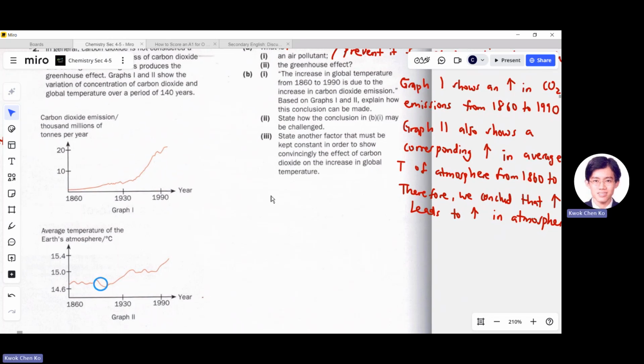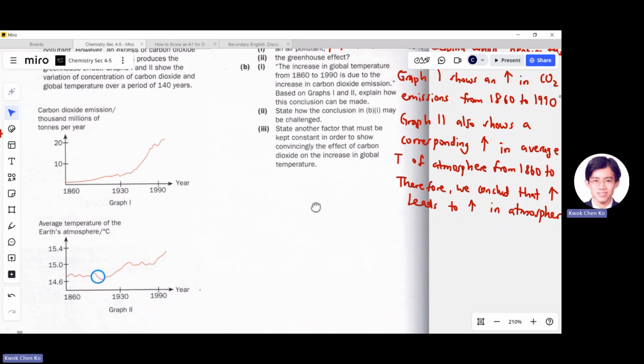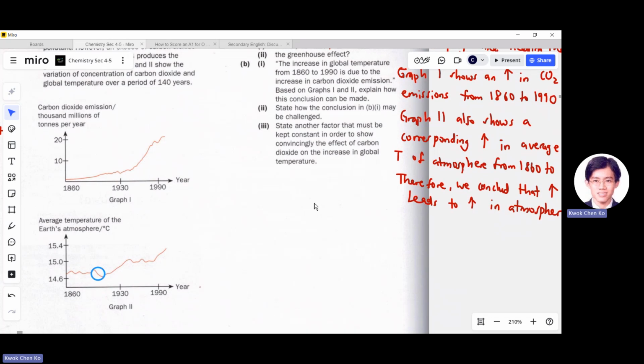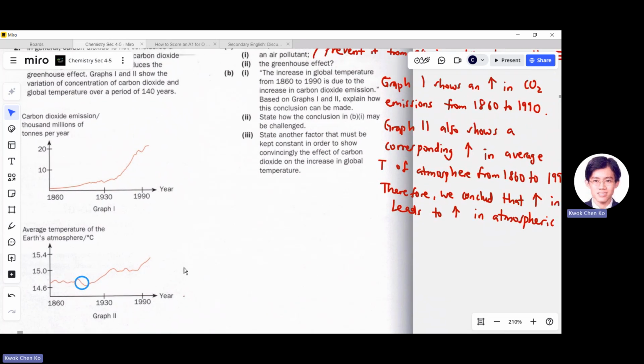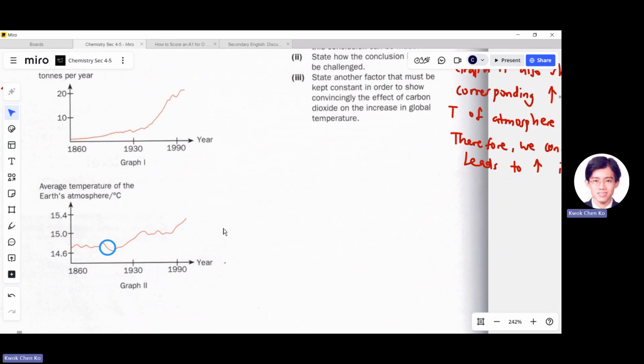But it's not strong enough, so you are not likely to get the full marks because your answer is a bit unclear, a bit superficial. So one way you can answer this is to be a bit more specific. If you look carefully, especially here, this particular spot is the largest decrease in temperature.